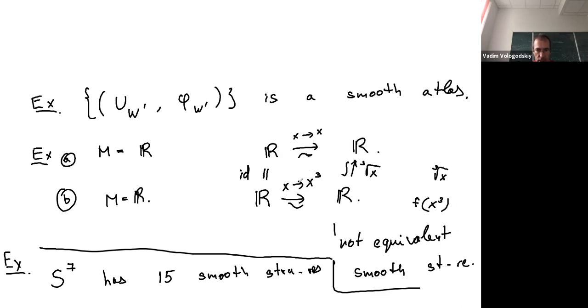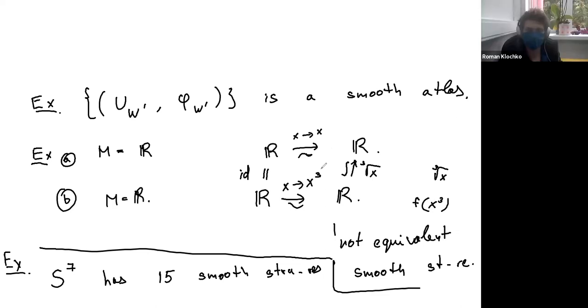As you see, this is a very good question, and you can see that these two structures are different, non-equivalent, by observing that the rings of smooth functions are not equal as subrings of the ring of all functions.